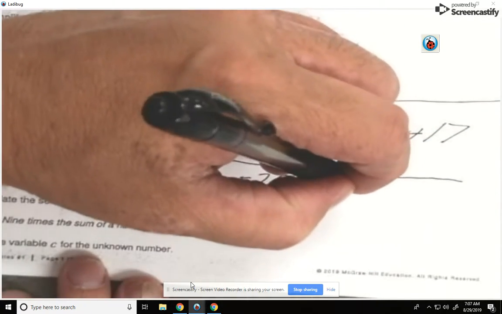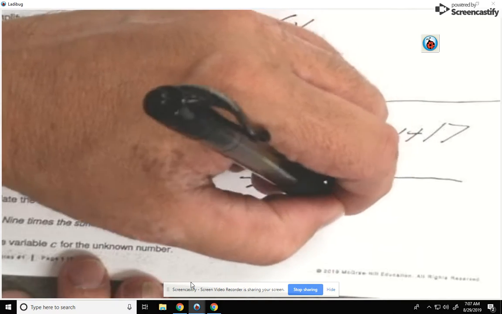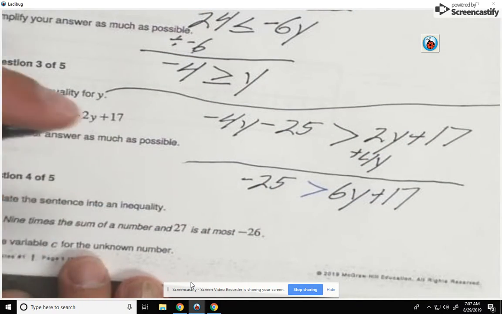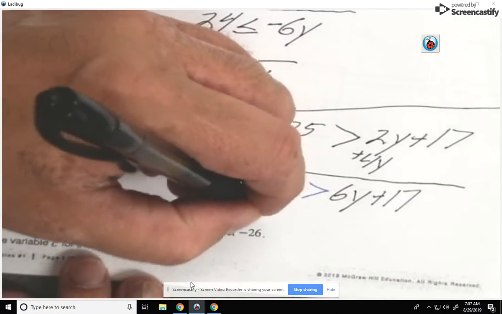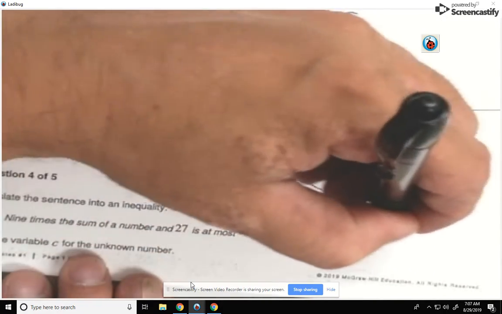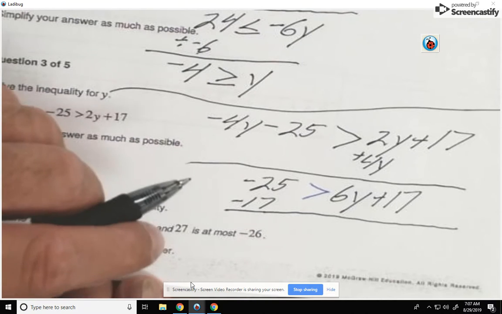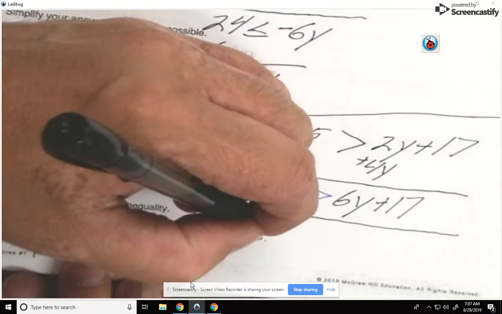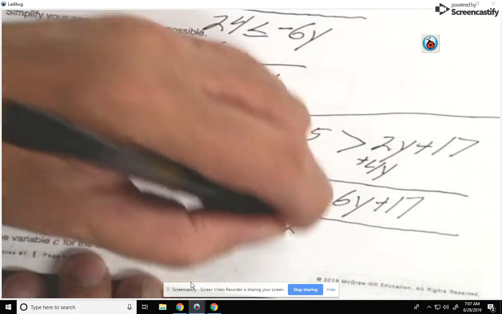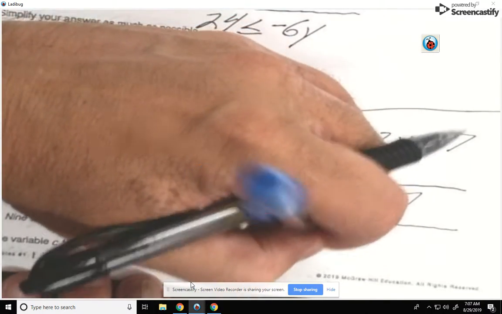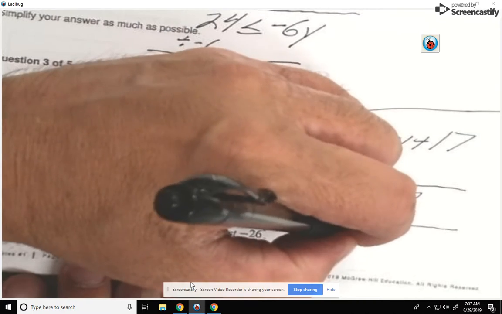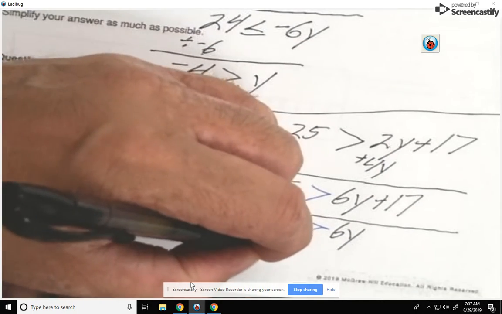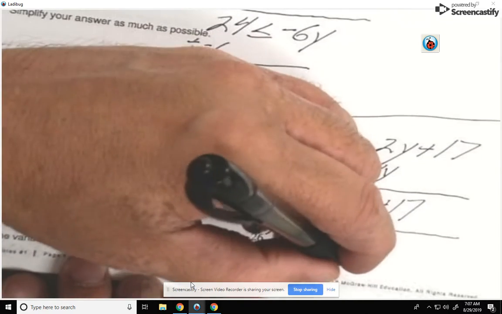2 plus 4 gives me a 6y plus 17. From here, I know I subtract off the 17. So negative 25 minus 17 gives me a negative 42. And I have my 6y. Okay, so now I know I divide through by the 6.